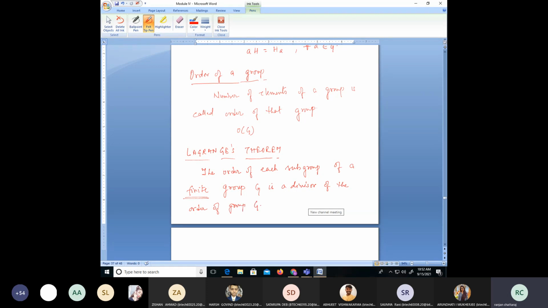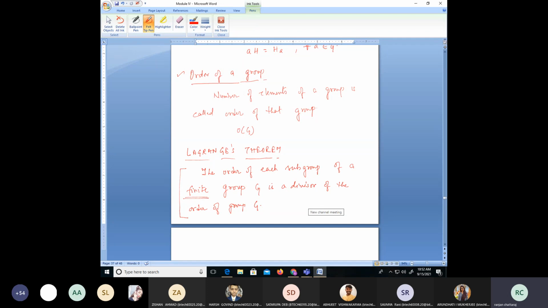Is it clear? This is a very important theorem. The order of a group means the number of elements of that group, and the order of each subgroup of a finite group G is a divisor of the order of the group. So one thing is clear from here.